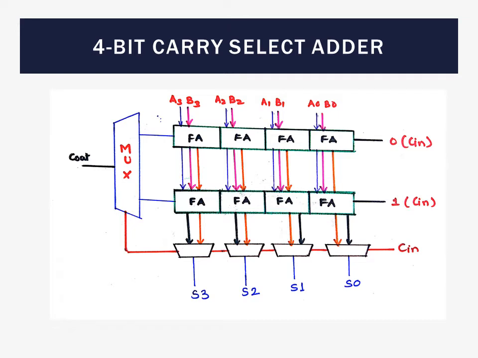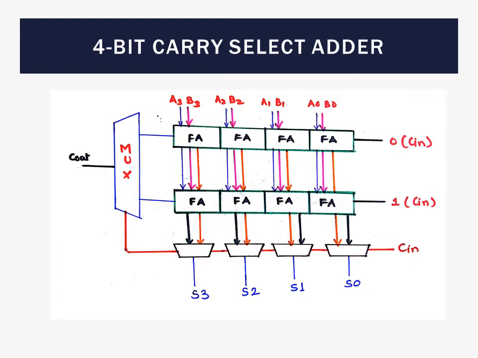As I told you, ripple carry adder and multiplexers are there in the carry select adder. Now these are the two adders which are performing the addition operation on the same set of operands A0, A1, A2, A3 and B0, B1, B2, B3, and these are the multiplexers.